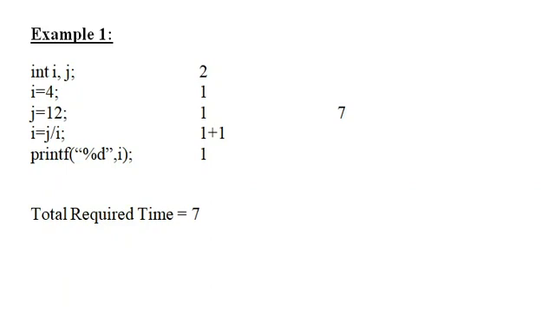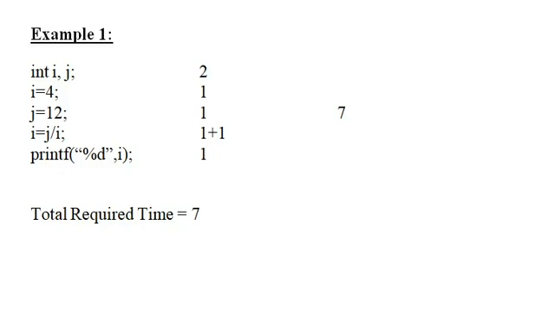For example, if we define a variable, assign some value to a variable, do some calculation, for example addition, subtraction, multiplication, division or remainder operator, or if we print something, scan something, call some function, or during recursion, for any kind of step, the required time is calculated as 1 unit of time.